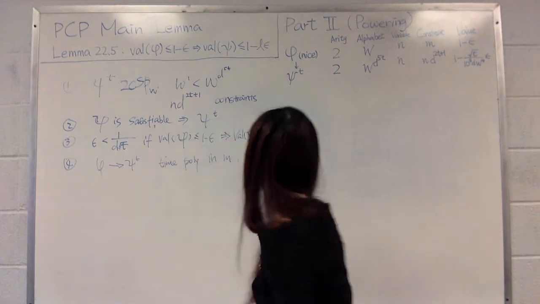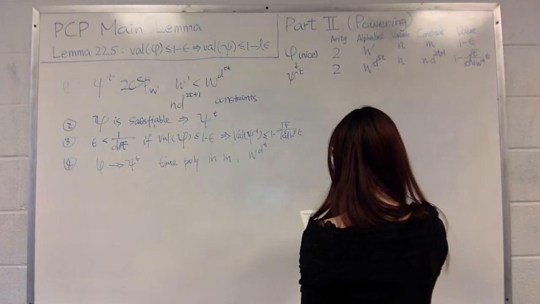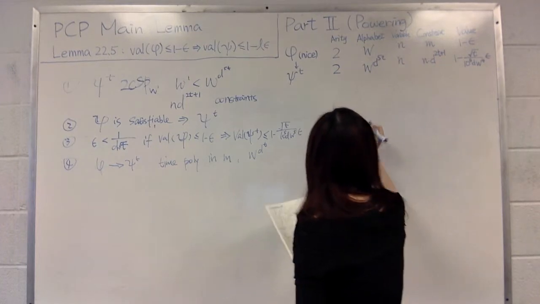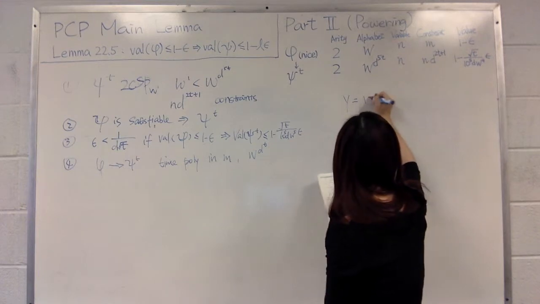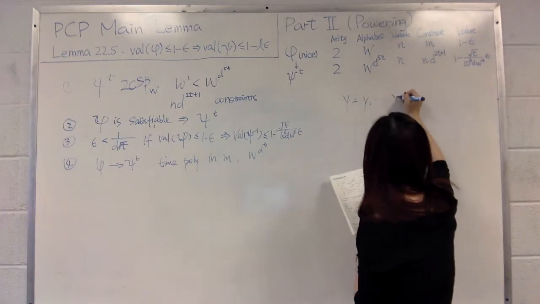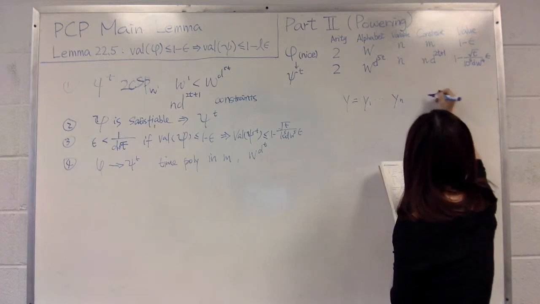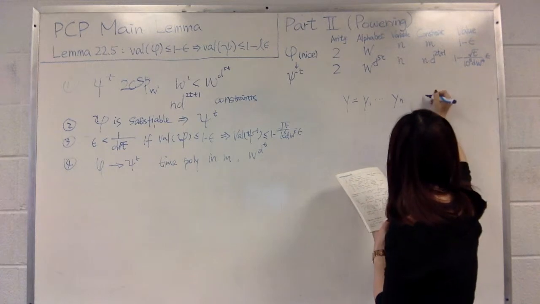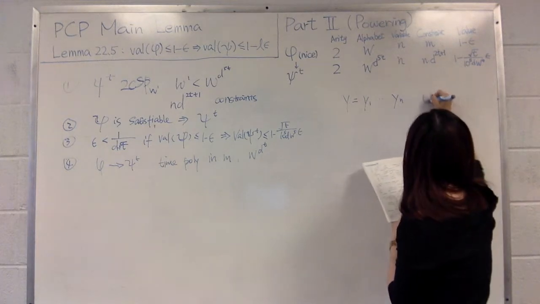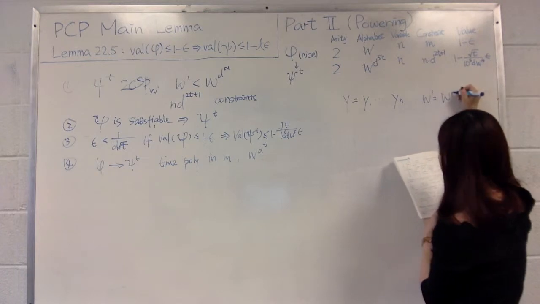Basically psi t will have the same number of variables as phi, and the new variables of psi t will be y1 to yn, which take values from an alphabet of size W prime, which we now declare equal to W to the D over 5t.